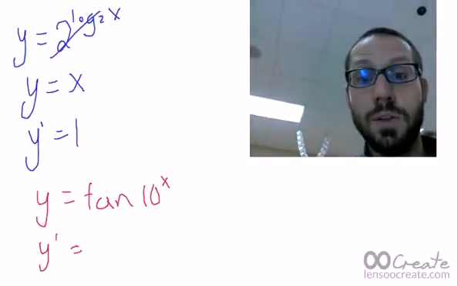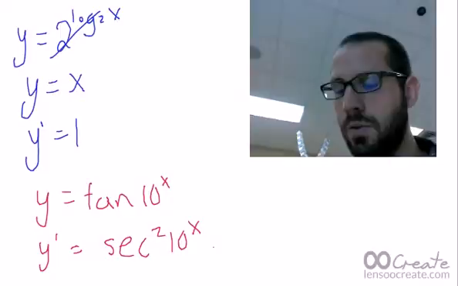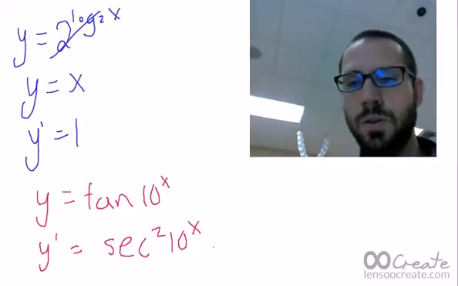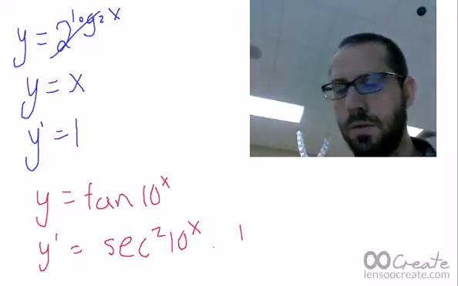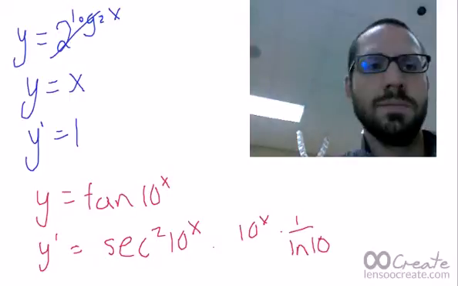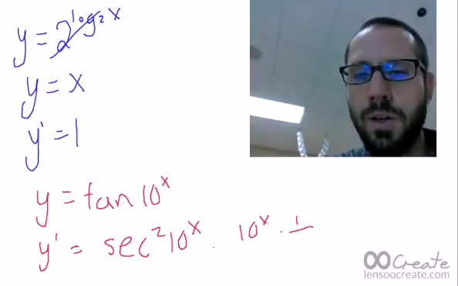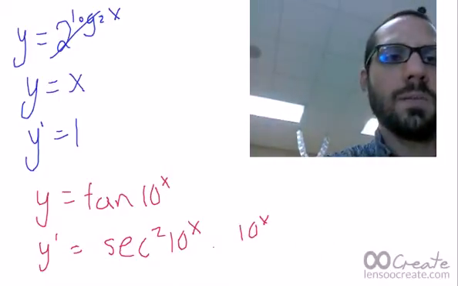Derivative of tan is secant squared of 10 to the x times the chain rule of the derivative of 10 to the x, which will be 10 to the x times the natural log of 10.